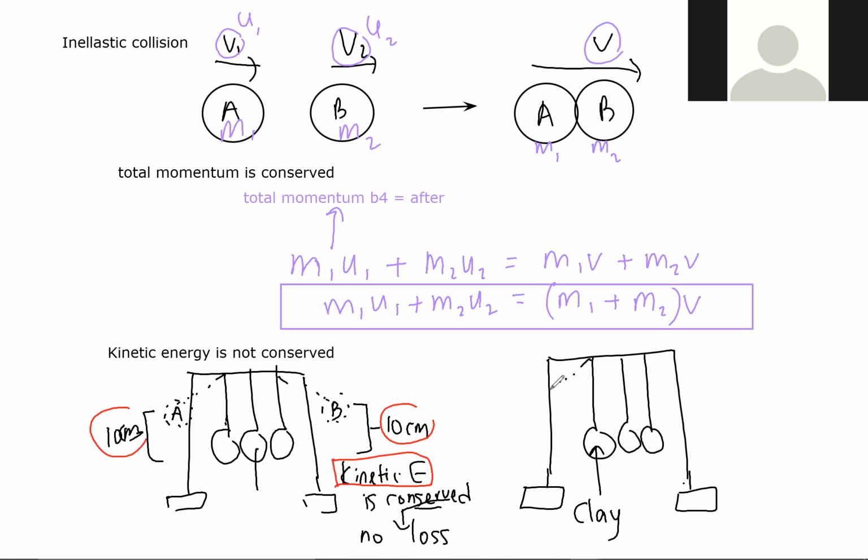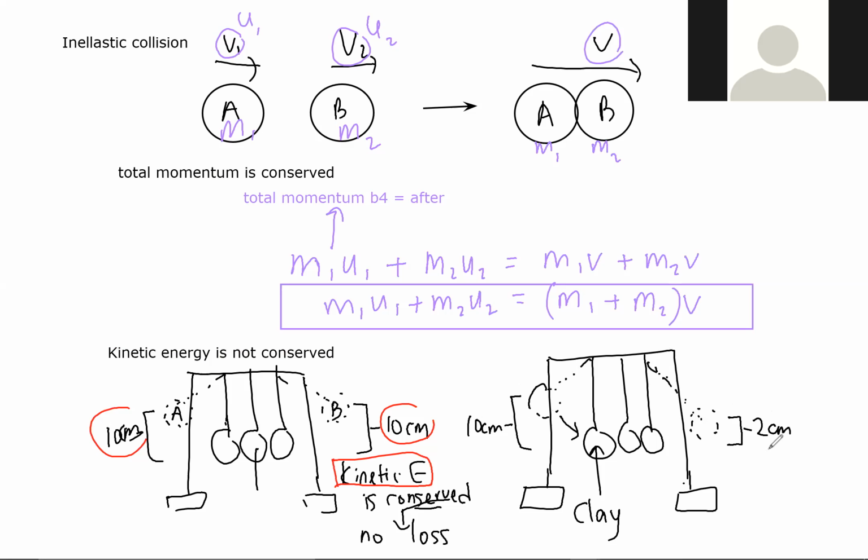Now, if you leave one here, let go here, and then it knocks this one, the last ball that sticks out, right, it won't be as high as the initial height. Let's say the initial height is 10 cm. The last one, the height only reaches, for example, 2 cm. Okay, so you see that there is a loss of speed here. There is a loss of speed, means that there is a loss of kinetic energy.